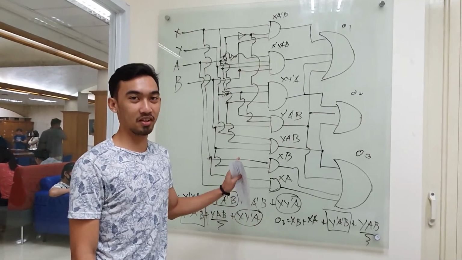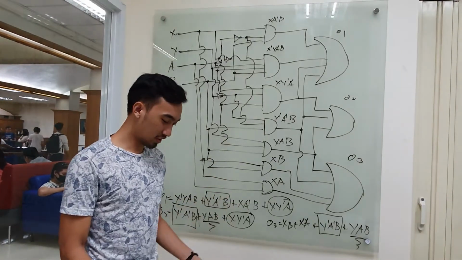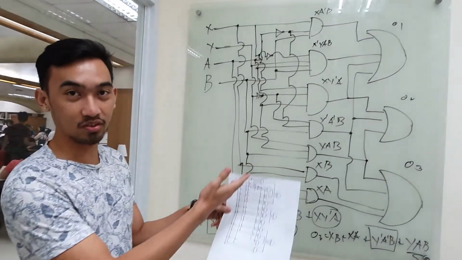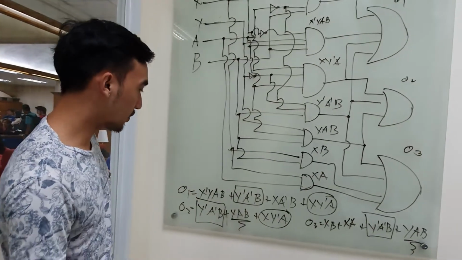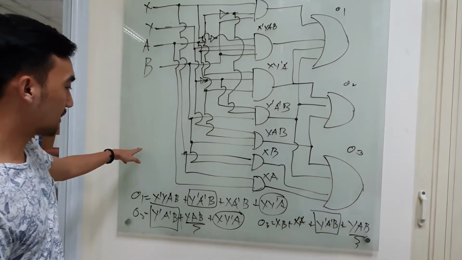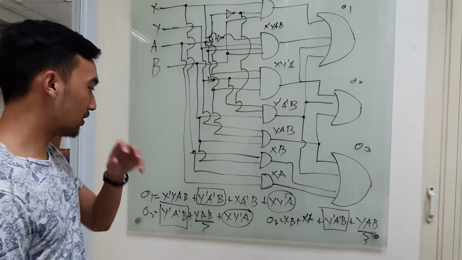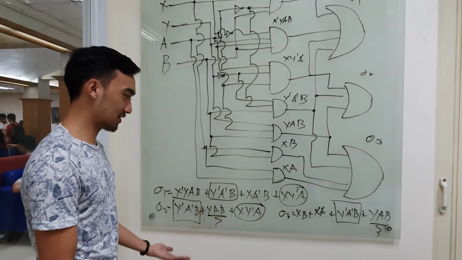This is the simplified version of the logic diagram from the previous video. As you can see from here, this was the original drawing of the logic diagram. From the K-map, we have simplified it by reducing multiple terms.